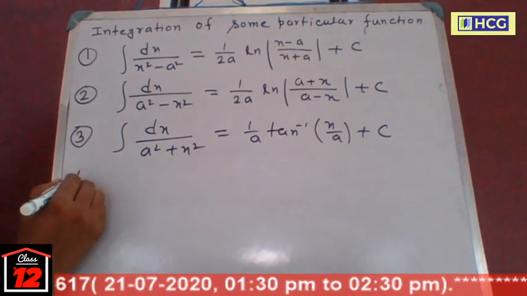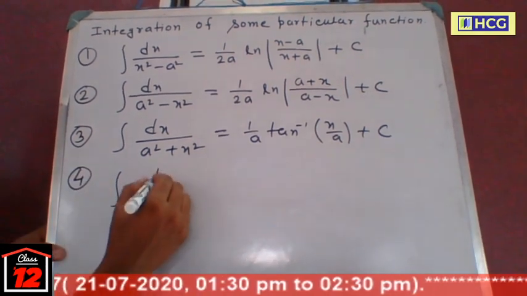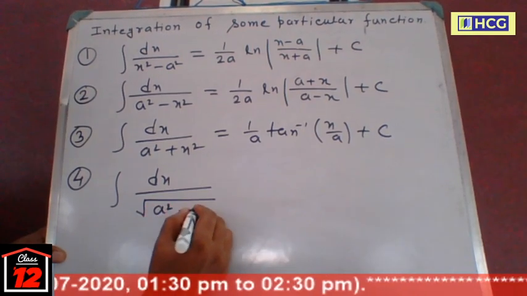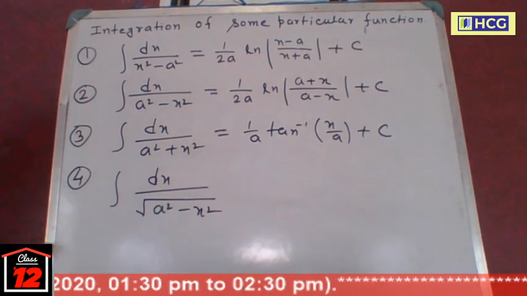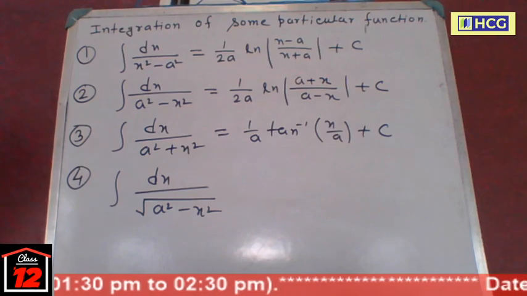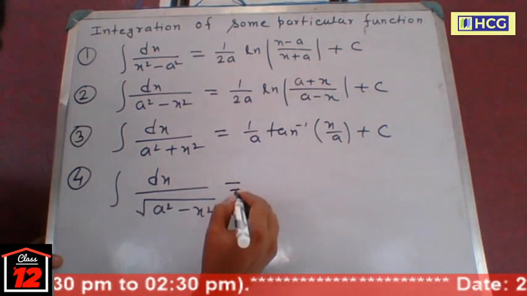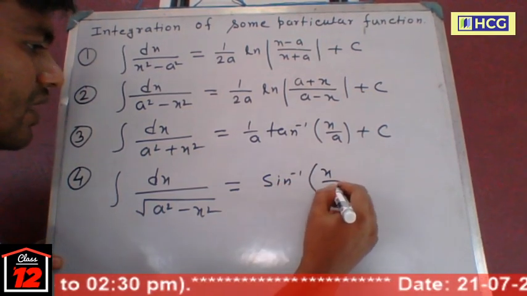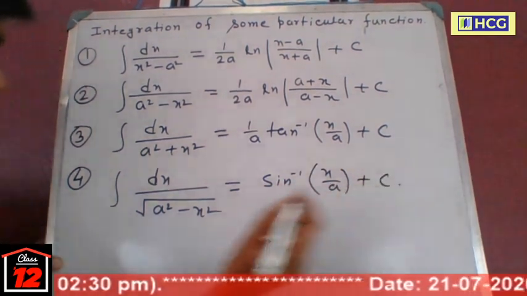Formula number 4: integration dx by square root a square minus x square. Now this is equal to sin inverse x by a plus c.